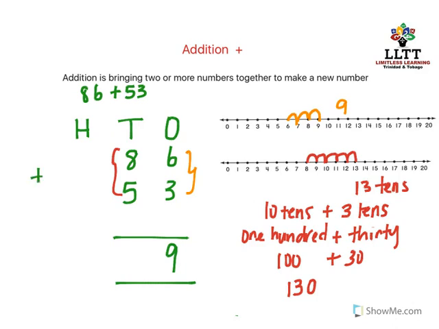And 8 and 5 gives me 13 tens, so that's 1 hundred, 3 tens, and 0 ones. 0 ones plus 9 ones gives me my 9 ones that I had before. So my final answer is 139. Basically when you're getting your 13 tens, all you're doing is putting 1 in the 100 spot and 3 in the 10 spot. Right? So 139 is our final answer.